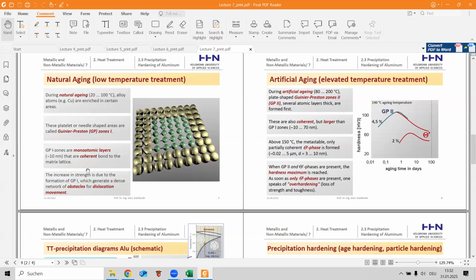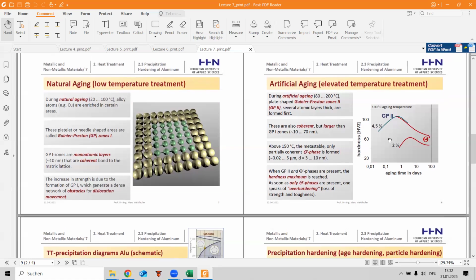When GP2 and delta prime are present, the hardness maximum is reached. Delta prime represents over-aging, so loss of strength is tolerated. So here we have hardness maximum for level GP2, the hardness curve, here we have hardness, the aging time.